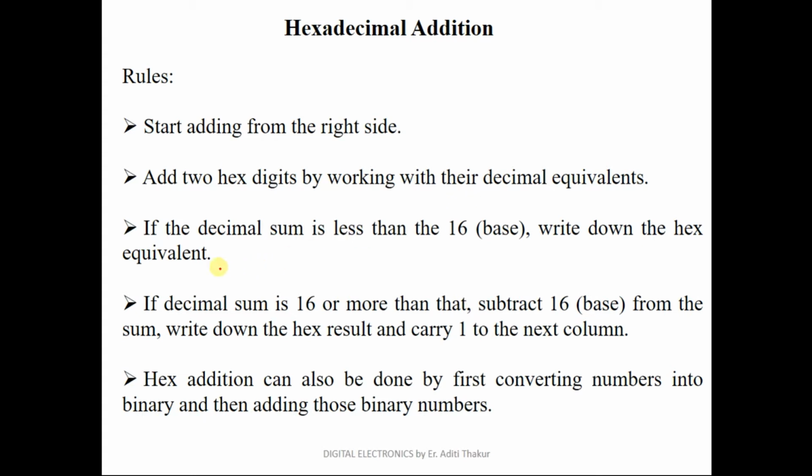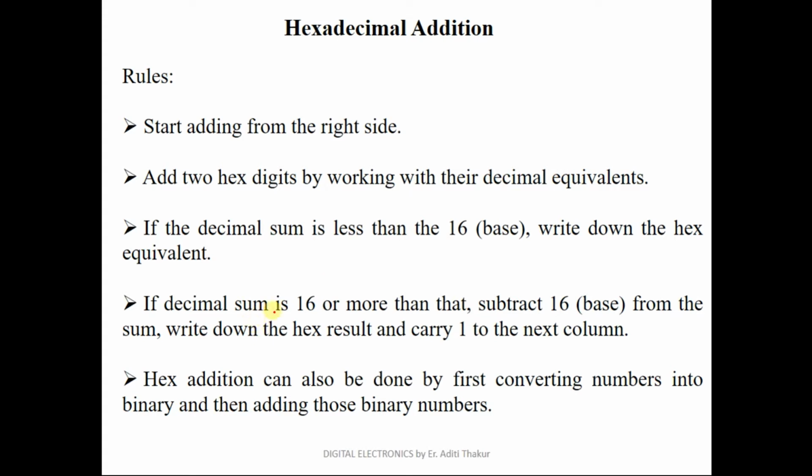Now the third rule is, if the decimal sum is less than 16, write down the hex equivalent. If the sum of the first digits you have started adding is less than 16, you have to write down its hex equivalent.